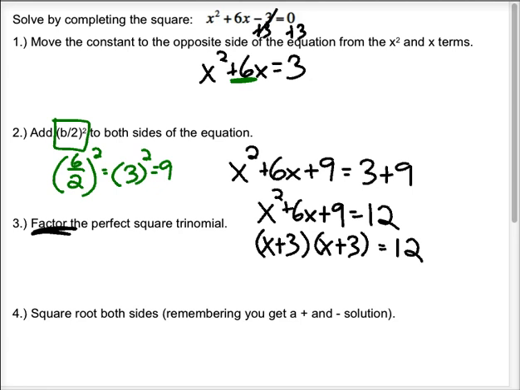Now, the unique thing that always happens when this is done right is you get 2 of the very same thing. So because I got 2 of the very same thing, I'm going to write it in its squared form, okay? X plus 3 times x plus 3 is the same thing as x plus 3 quantity squared.